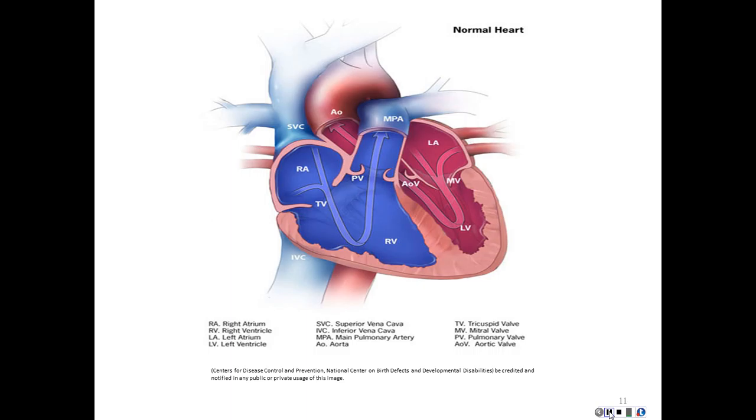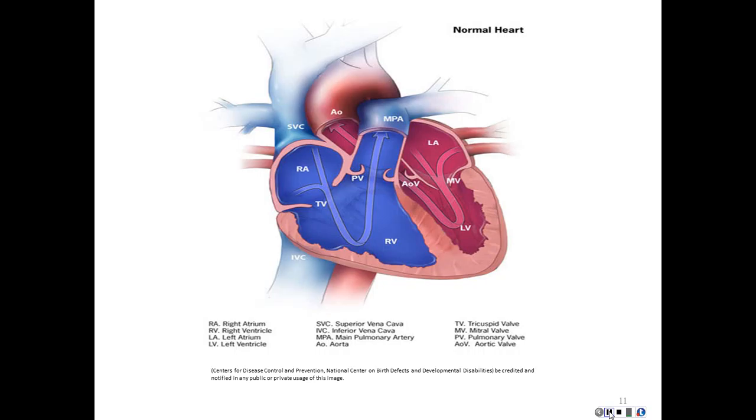Now, this is just a normal heart. Remember how the flow of the heart goes. I want you to go back and review that. Remember basically that blood comes into the heart from the superior and inferior vena cavas into the right atrium. From the right atrium, it goes through the tricuspid valve into the right ventricle, from the right ventricle through the pulmonic valve into the pulmonary vasculature, typically out into the pulmonary arteries, which then returns back into the left atrium.